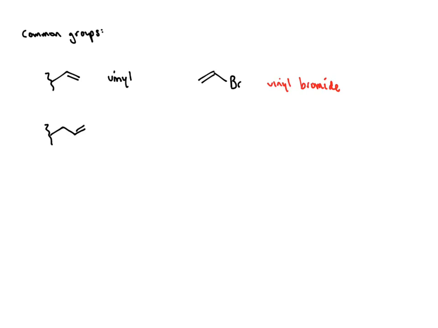The next common group is this one, which is CH2 followed by a double bond, and this is known as the allyl group. And this molecule here would be allyl bromide. And the last group is this one, which kind of has a branched system, and we know from the isopropyl group that it has the prefix iso, meaning branched.